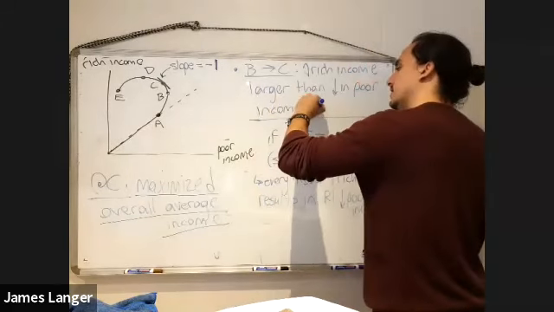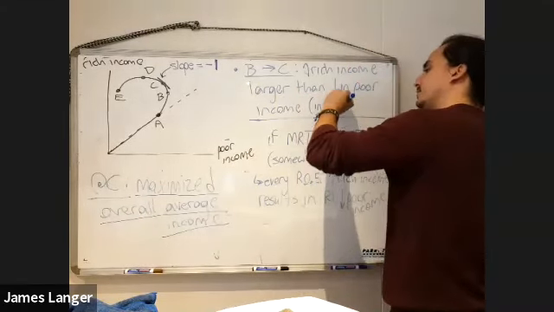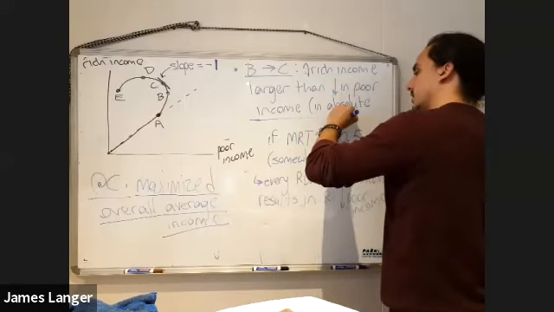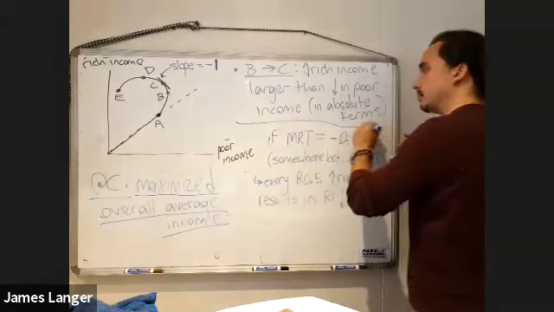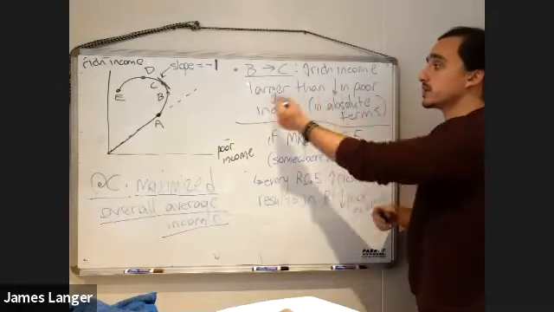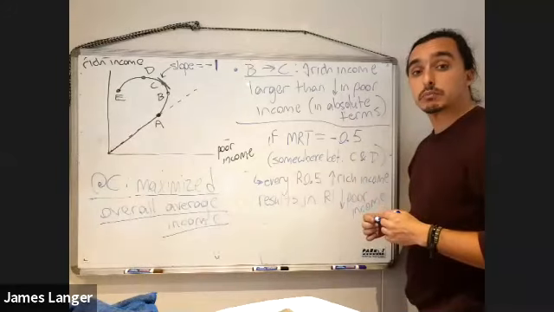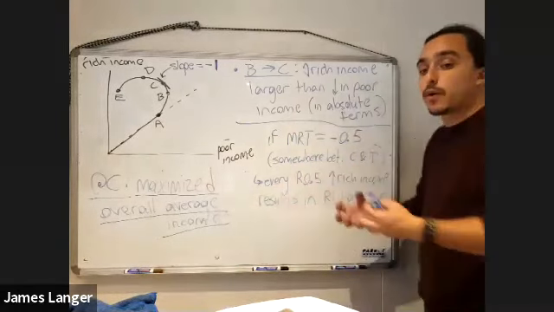Obviously this is in absolute terms. So when I move from point B all the way to point C, I've increased rich income by an amount that's larger than the decrease in poor income. In other words, the rich have been given more money than was taken away from the poor.